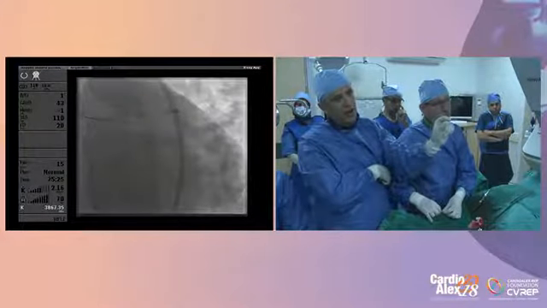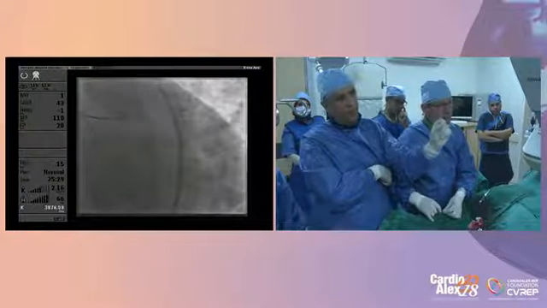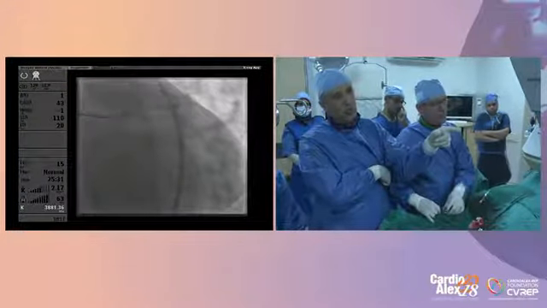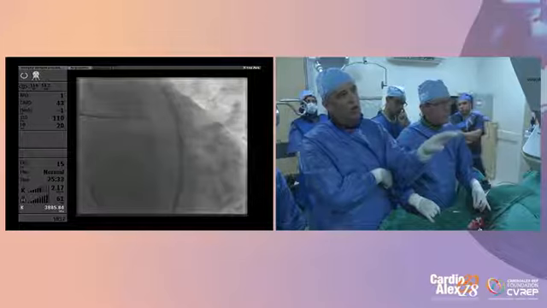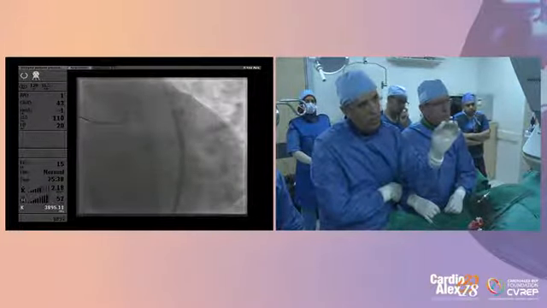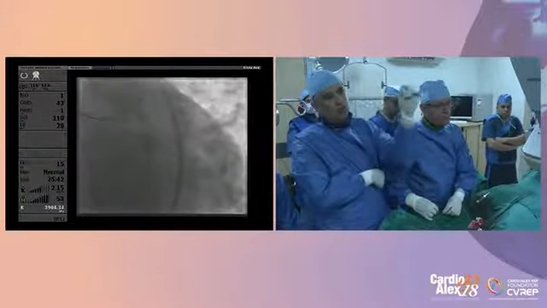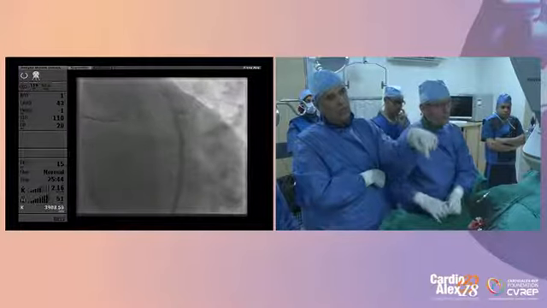Then we took a FineCross microcatheter to put it over the proximal stump. Then we changed it to Gaia Second. So now Dr. Peter is trying to hit the proximal plaque with Gaia Second, but the same problem here. Trying to hit this plaque, usually the wire prolapses either in the LAD or the LCX.